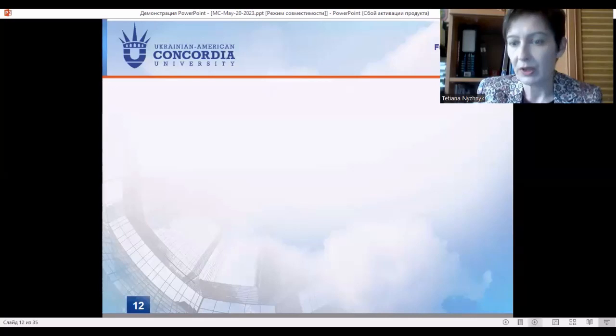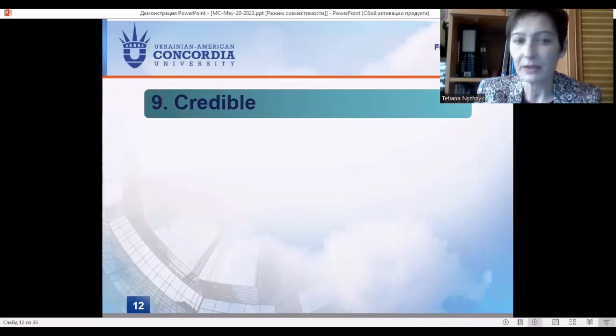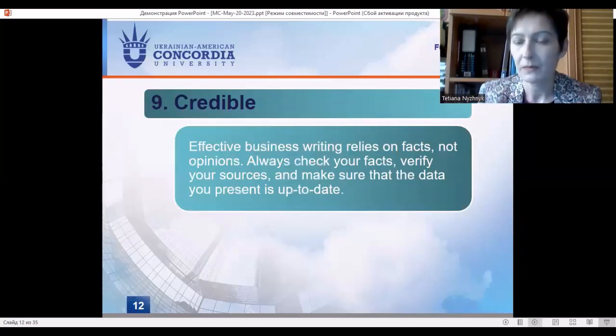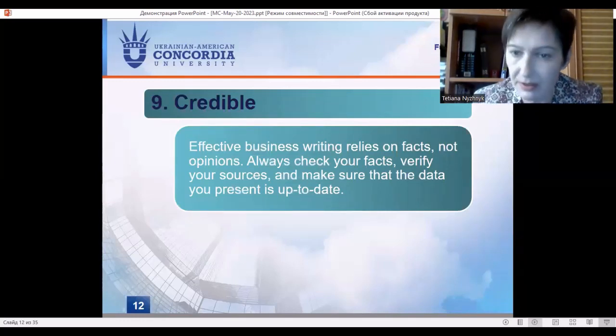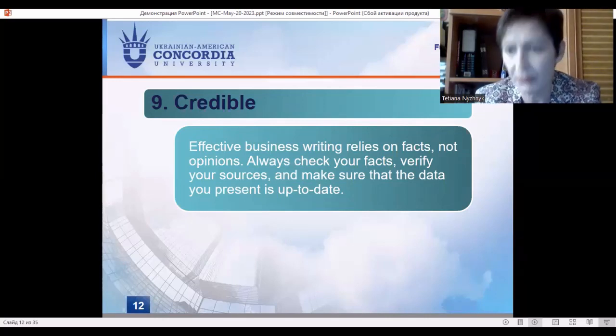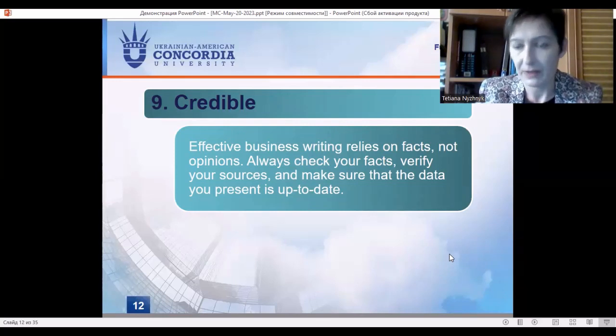Let's move on to point 9, and the 9th fundamental is credibility. Effective business writing relies on facts, not on your personal opinions. So you have to check your facts, verify the sources that you've used, and make sure that the information and the data that you have included in the document is up to date, is current.